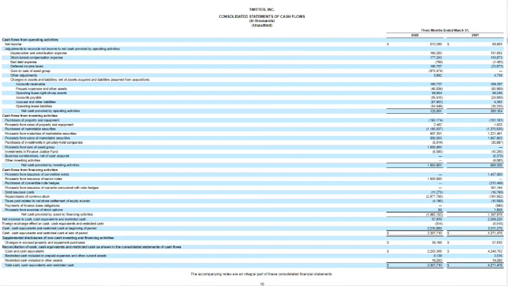Like if you look at how much Twitter is making from investing, it's like, okay, over $1 billion worth of investing. These are some of the things you need to take into consideration if you're deciding whether or not to invest in this company. And once again, you can see that all of these amounts are in thousands. And if you take a look at the total cash on hand, restricted cash on hand is $2.3 billion.